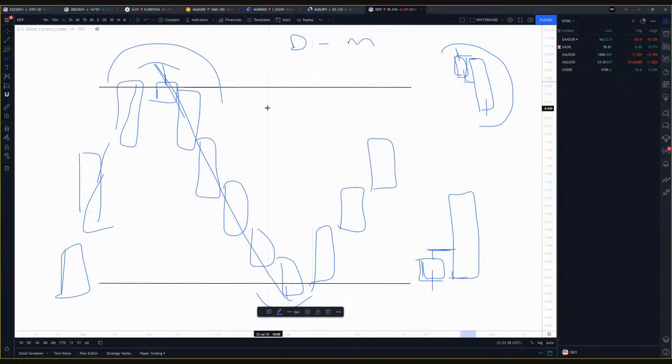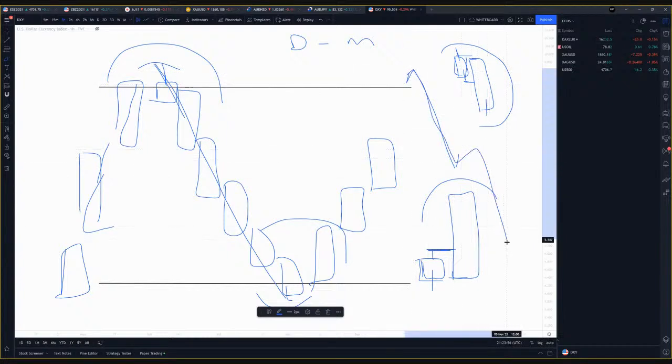Depending on the trend, if price is bearish and you see this formation down here, price is bearish, we're going down, and then you see this formation down here, you want to identify that formation up there and you want to trade to that.